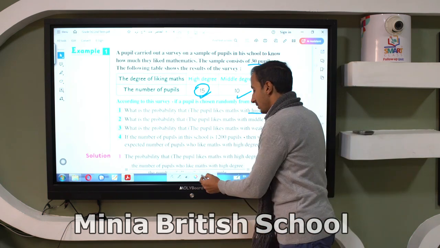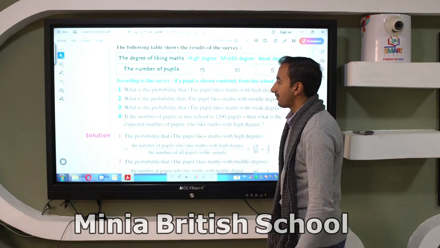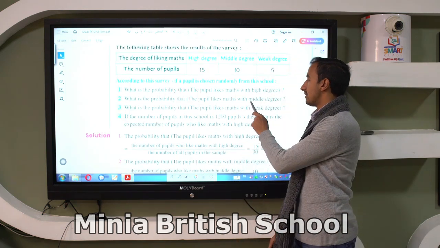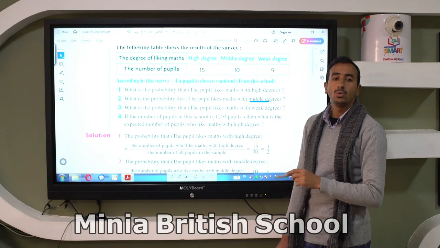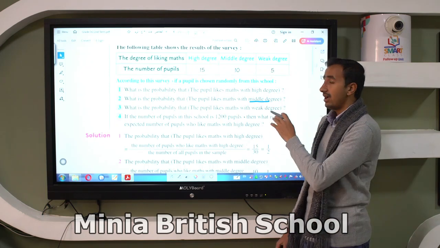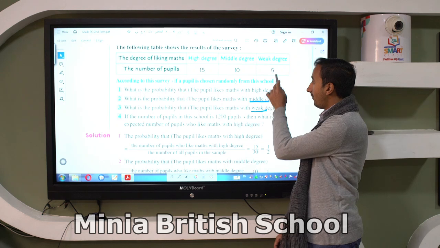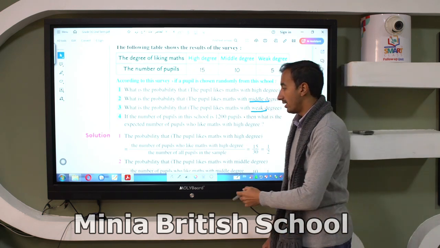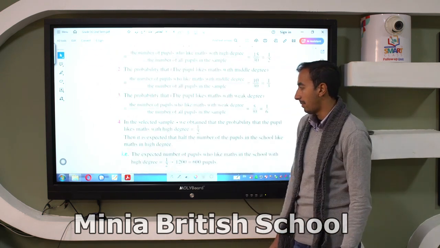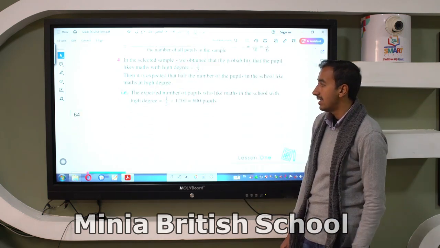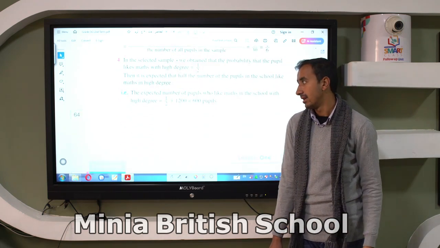Now the probability that a pupil has the middle degree is 10 over 30, which is 1 over 3. For the weak degree, 5 over 30 is 1 over 6. That's called probability, in the simplest form.